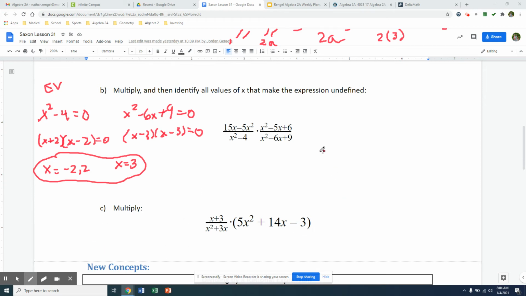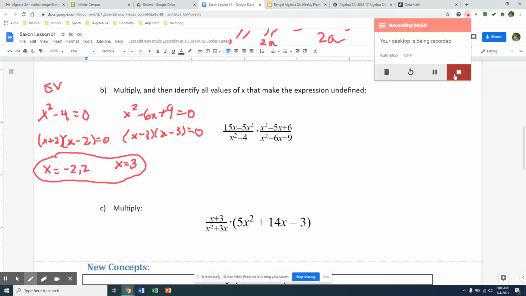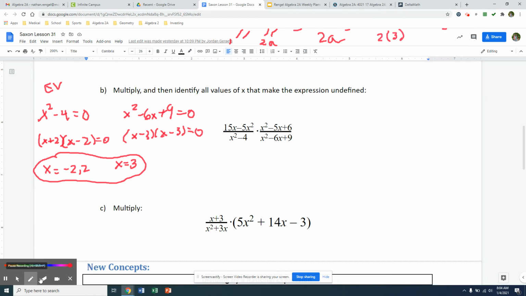All right, after getting your excluded values, next thing you can do is start to simplify. So now we're going to factor everything.